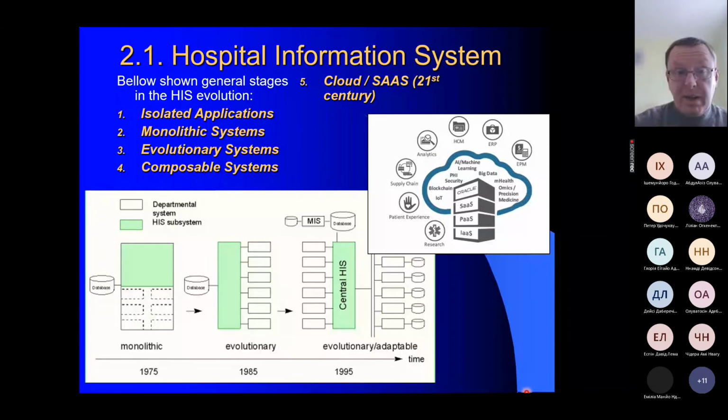Hospital information system has come a significant way, from a monolithic isolated application in the 1960s and 70s, through distributed systems at the end of the 20th century, and now mostly moved into various clouds, providing systems as services or infrastructure, with access for various providers.